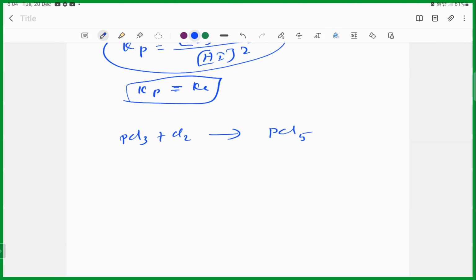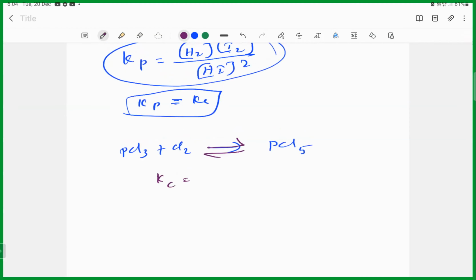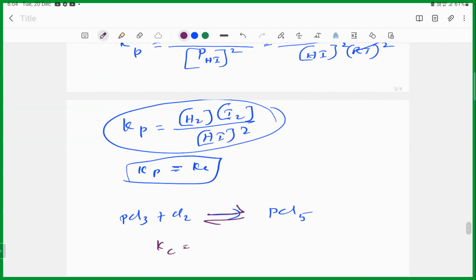Kc is equal to? Kc is equal to what? Here, how would it be written? Kc is equal to the concentration of product divided by the concentration of reactant.